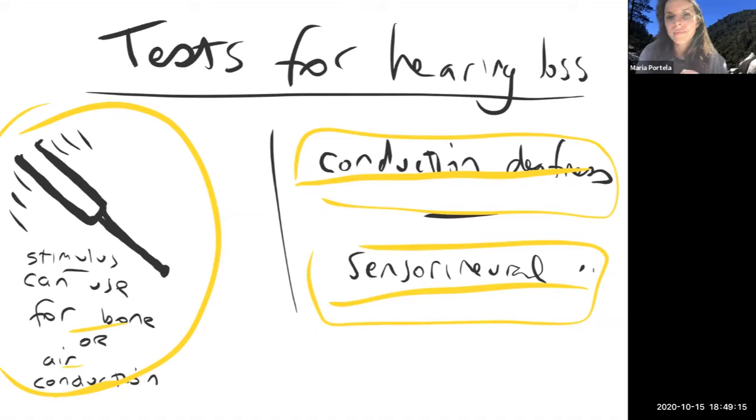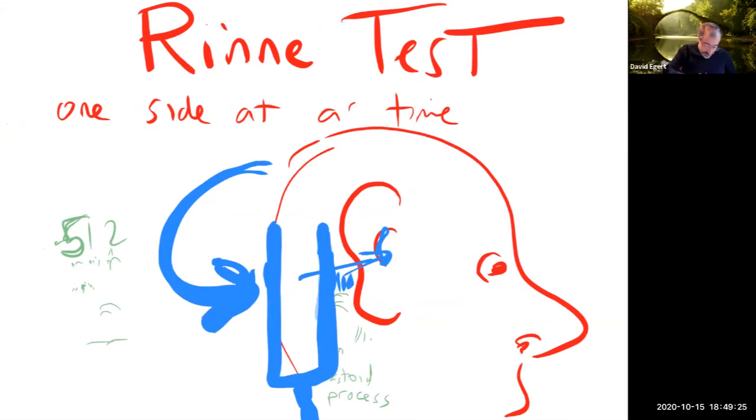Because it's middle ear, or it could be in the outer ear, the ear canal, even wax buildup or something. So if they hear it when it's on their mastoid, but not when you move it to do the air conduction, that would say that there is some conduction deafness on that side.